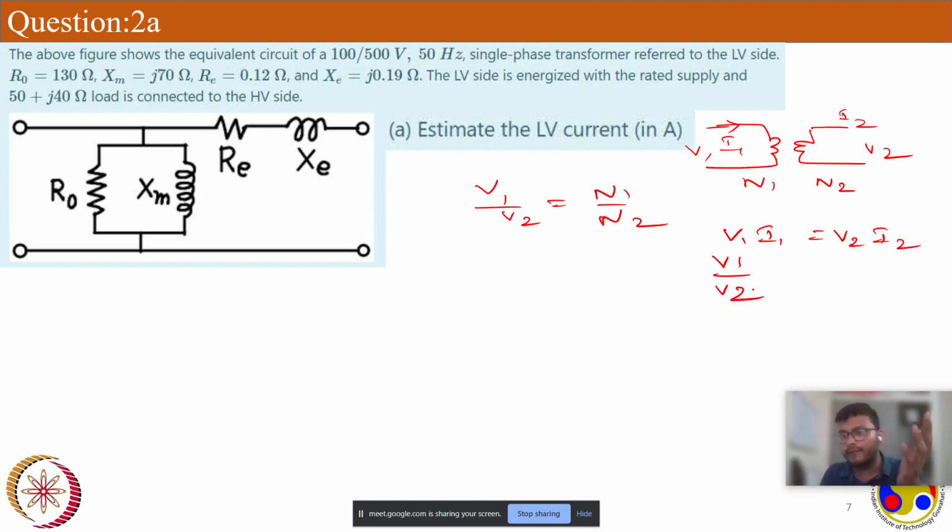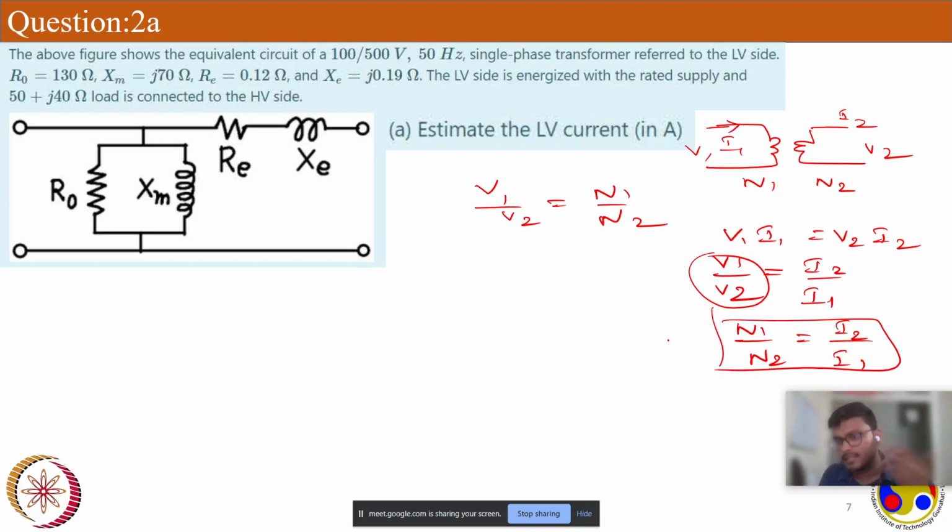From this equation only we will get the relation between currents and turns. I2 by I1. Now V1 by V2 is equals to N1 by N2, so it is I2 by I1. This is the relation between current and turns. Is it okay now, Mr. Leela Kumar?